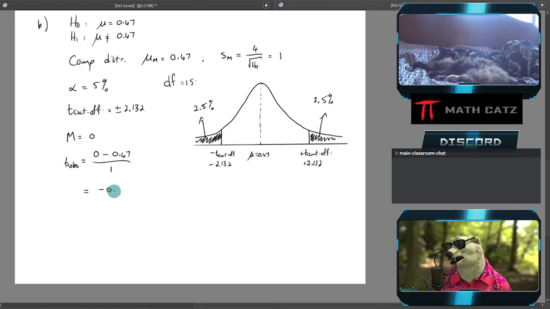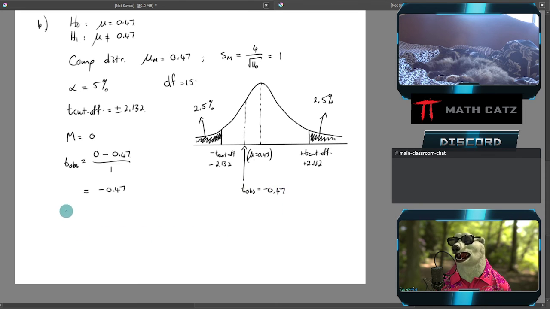That'll be just negative 0.47. So they sometimes give me nice numbers. Just save the calculator a little bit. But that is, oh, that's not very big in size, is it? That's unfortunate. I was hoping for something exciting. It is on the left here. Oh, it's far away from the cutoff. T observed is over here at negative 0.47.